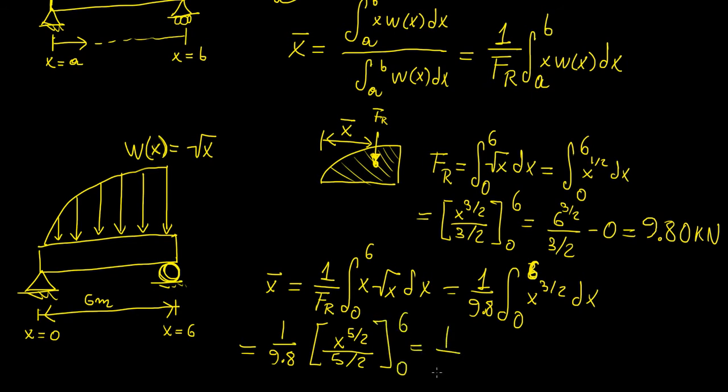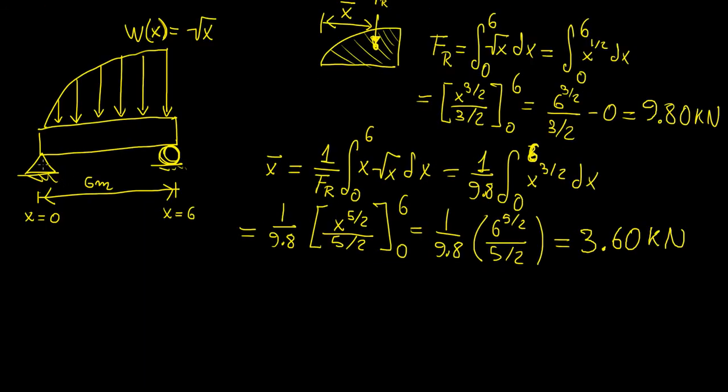So that's 1 over 9.8 times 6 to the power of 5 on 2 over 5 on 2. If we put that in our calculators, that gives us 3.60. So our resultant force is located at 3.6 meters from the left.